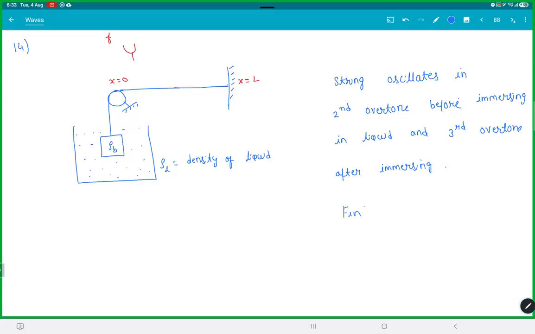Find the ratio of rho b by rho L, the density of the body by the density of the liquid. Let's get this thing.